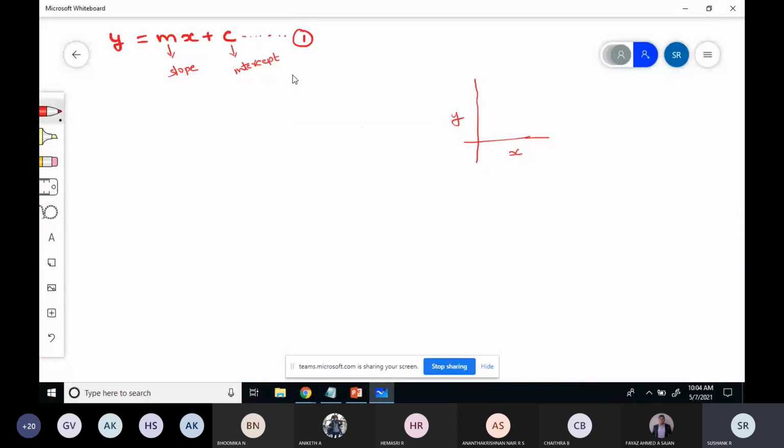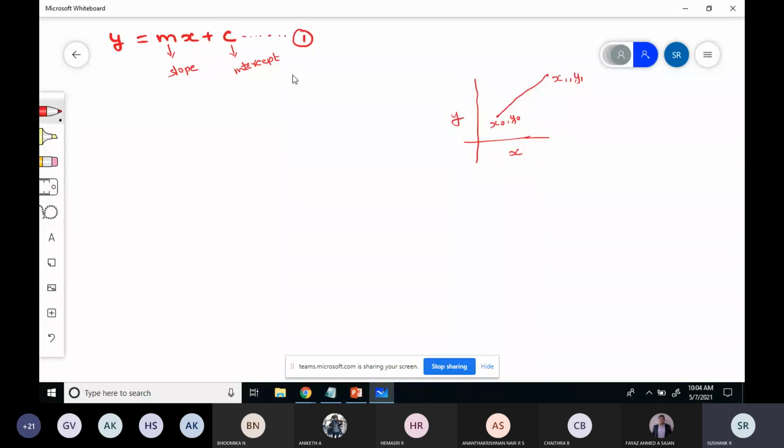For example, if two endpoints are given for a line, you can take this as x naught, y naught, and this as x1, y1. This is the starting point of the line and this is the ending point of the line.